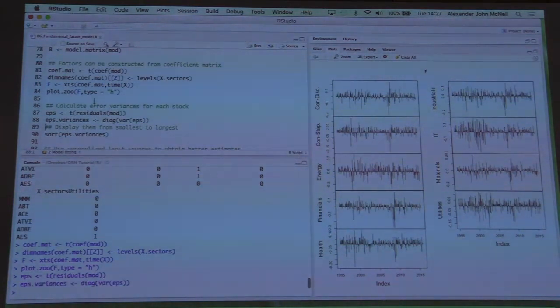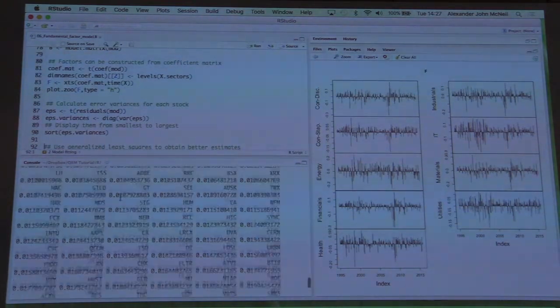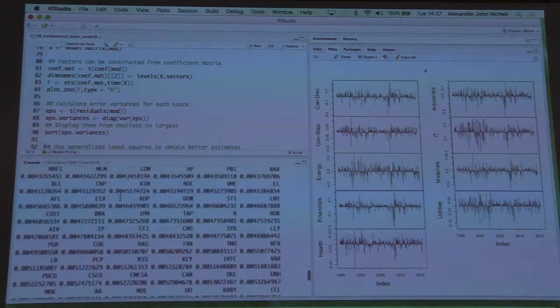So this EPS variances, I've basically just computed my estimate of the covariance matrix of the errors. And you can have a look. I will sort them from smallest to largest. So there's the 365 names.